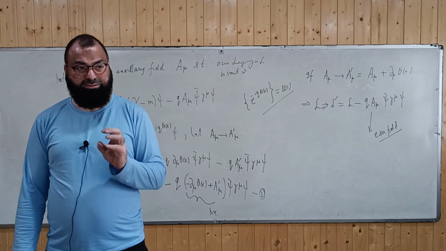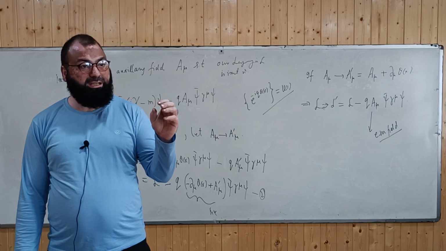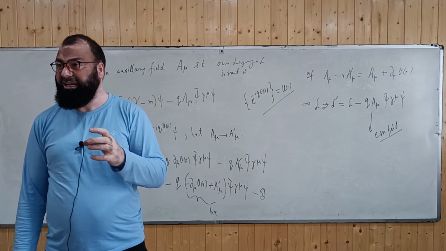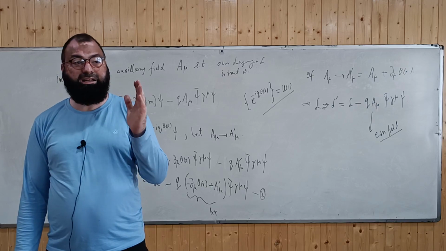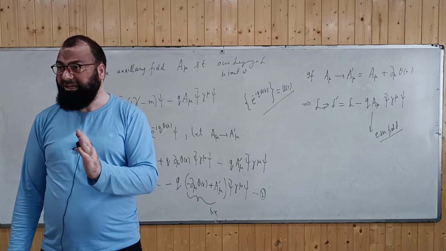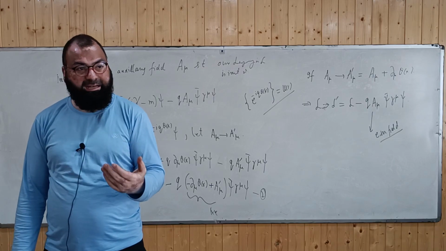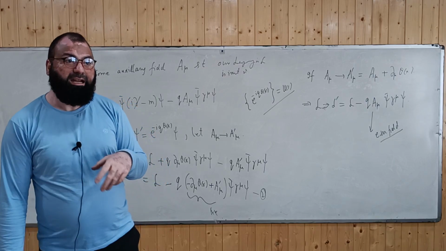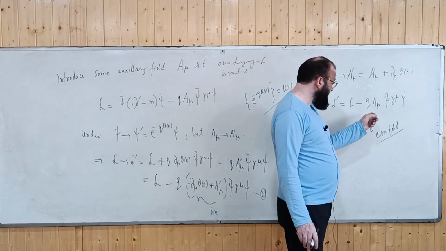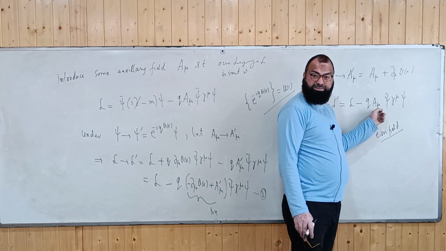So reducing a larger symmetry to a smaller symmetry, or fixing a global symmetry with a local symmetry, is defined as the gauge principle. Got it? And as a consequence of that, there emerges a field, what we call a gauge field.